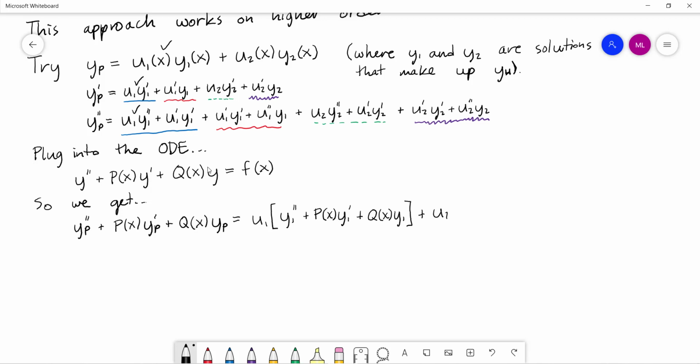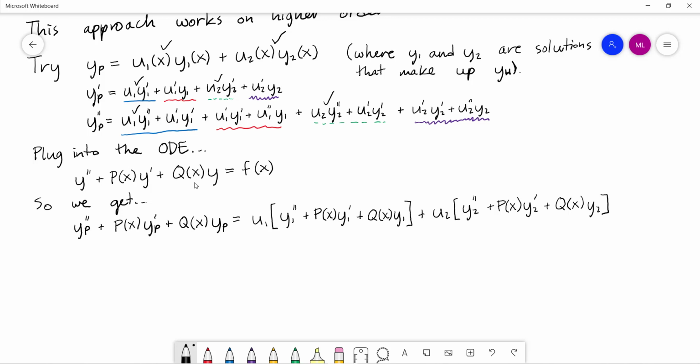Plus the u2 equivalent version of this, which is going to be y2 double prime plus p of x y2 prime plus q of x y2. So that is this term, and this term have now been taken care of, plugged into this differential equation with the appropriate location.